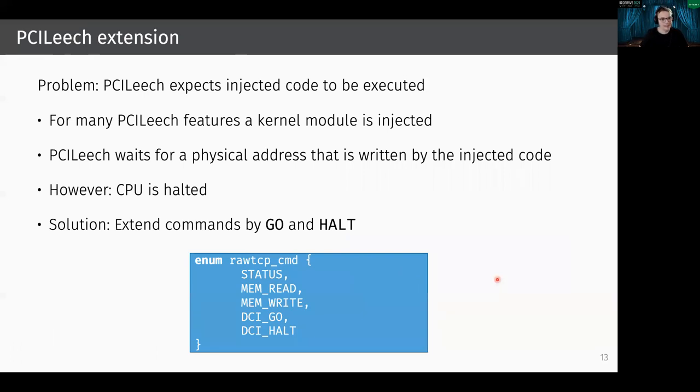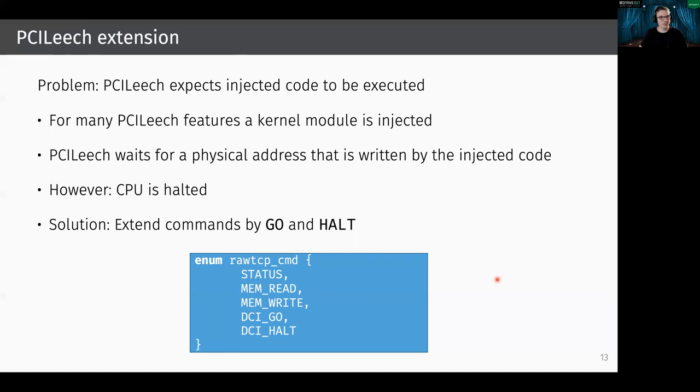However, PCILeech, for some features, expects injected code to be executed, and this especially applies to kernel module injection. PCILeech then waits for a specific physical address that is written by the injected code.